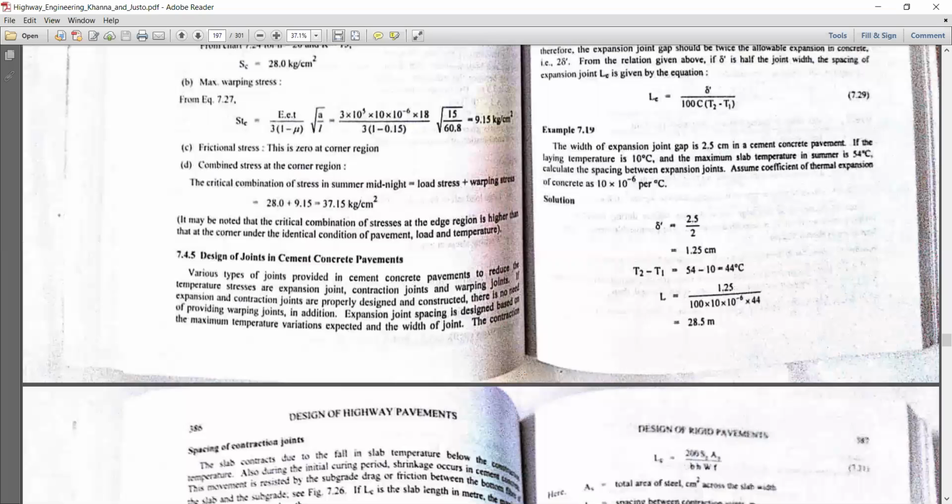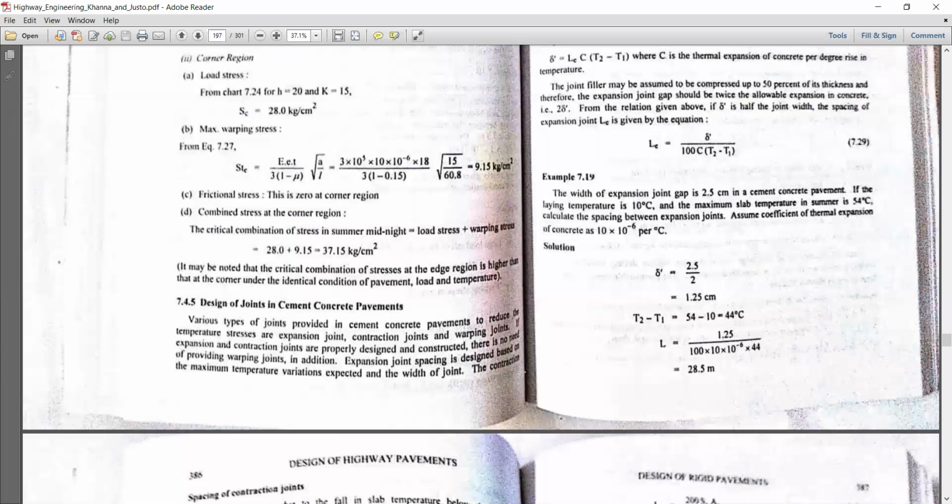As per the previous discussion, the load stress, warping stress, and frictional stress are discussed, and based on these three types of stresses, the critical load combination is calculated. Once the stresses have been calculated, the next work is designing the joints provided in cement concrete pavements.